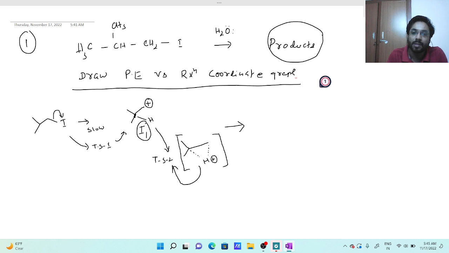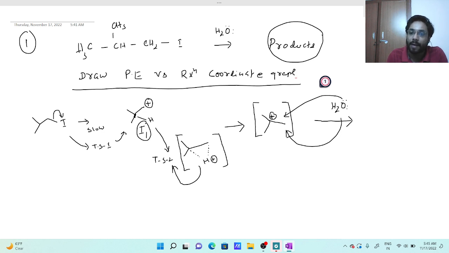This is the new intermediate, which is the stable one. And just after the formation of the intermediate, the nucleophile will attack over the intermediate, and this can attack above the plane and below the plane. So two products will be formed.